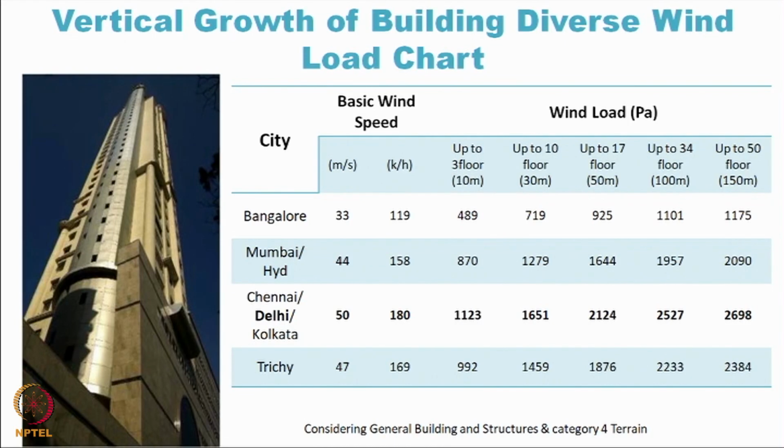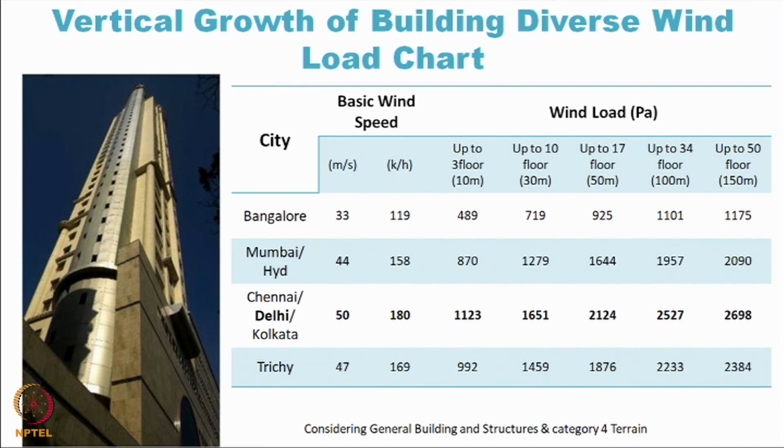As you go up, let's say the third floor, which is 10 meters, or the 10th floor, which is 30 meters, or the 50th floor, which is 150 meters, for a place like Delhi, the wind load changes from 1100 pascals to 2700 pascals. That is what we need to understand. If we calculate the wind load, the rest of the things become very simple. We will see how to use this in our window design or window calculation in the further slides.